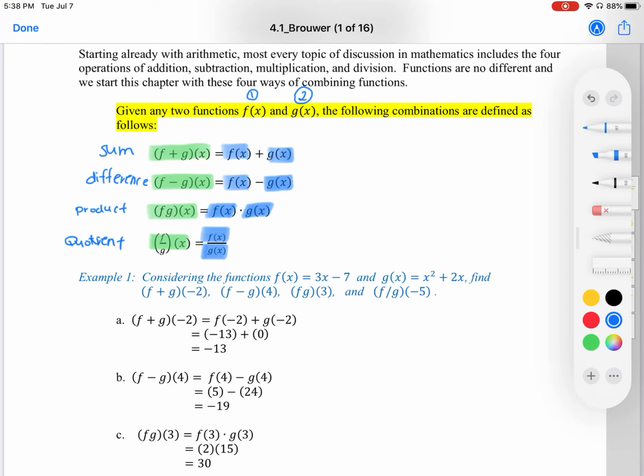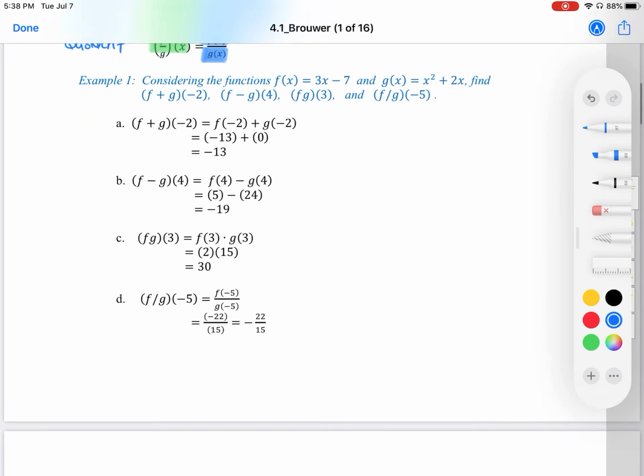So let's see an example. Example 1, considering the function f of x equals 3x minus 7 and g of x equals x squared plus 2x, find f plus g of negative 2, f minus g of 4, f times g of 3, and f divided by g of negative 5.